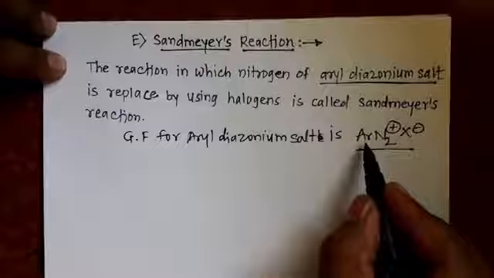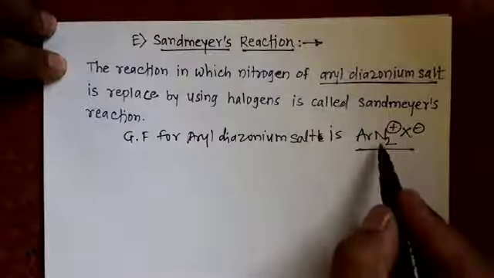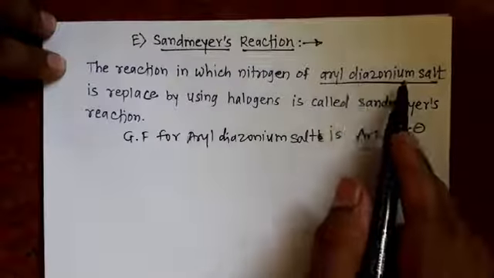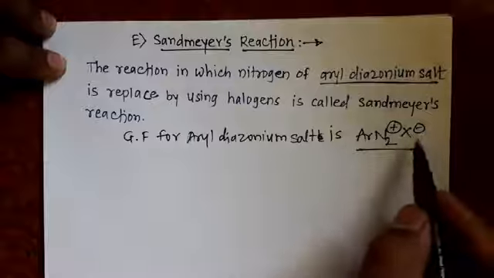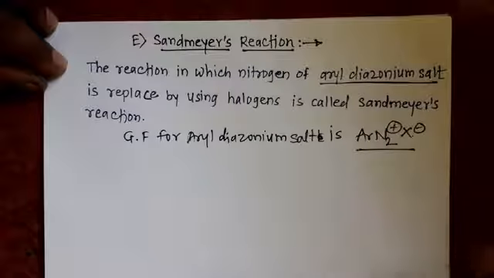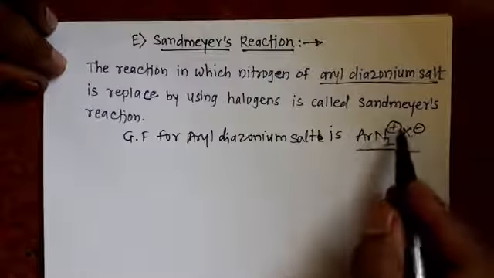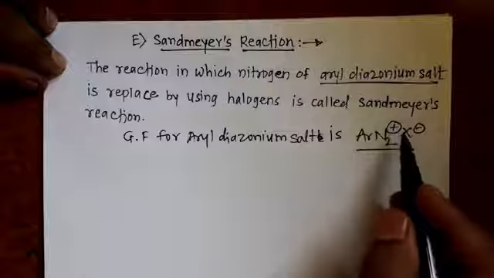Here Ar represents the aryl group, N2 plus represents diazonium, and X minus represents any type of negative part or negative group which balances the positive charge on N2.